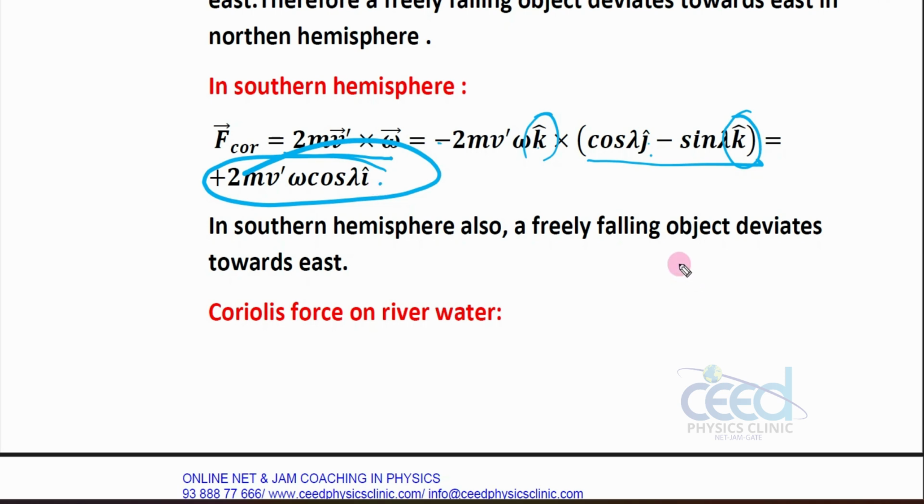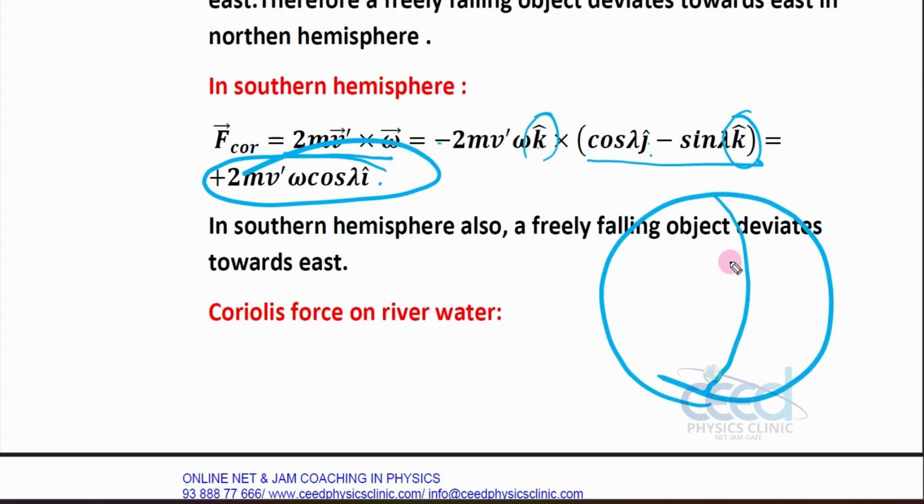One force acting in the i cap direction means, very beautiful, I am drawing the figure here. One body is falling here. Which is the i cap direction? This is i cap, this we represented as j cap, and upward direction is k cap.